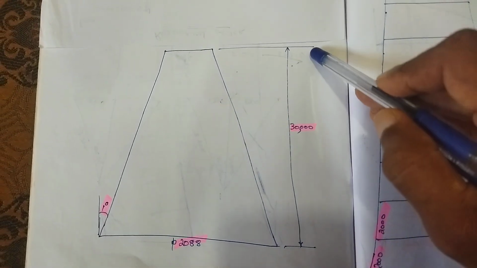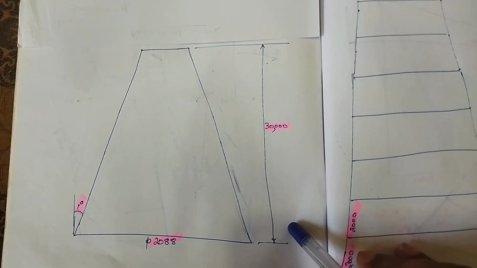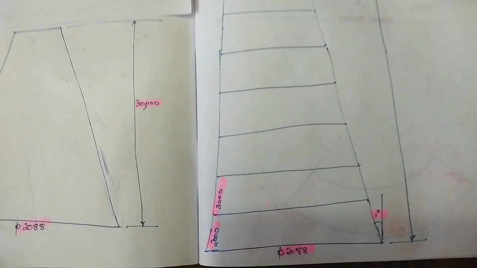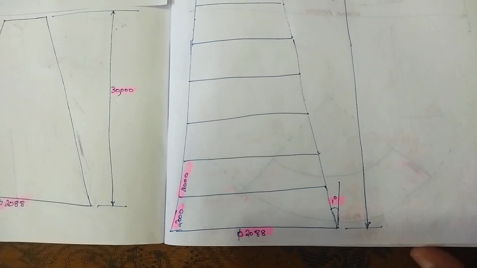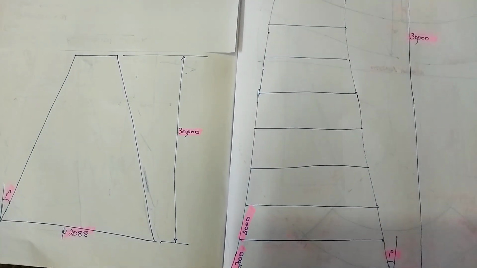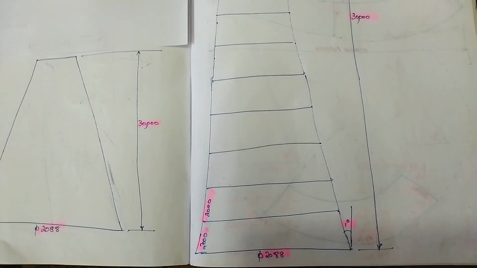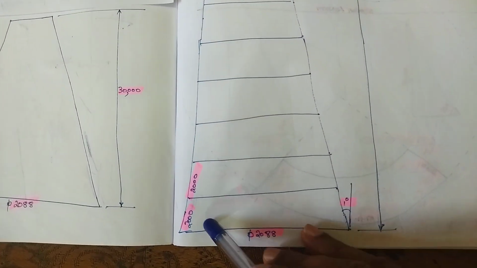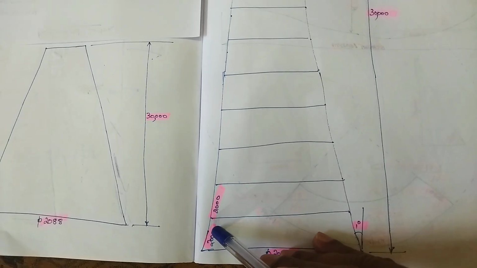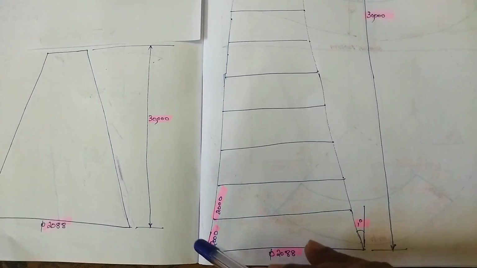Its vertical height is too much, so it can't be made from a single plate. In shops, we won't get plates that long and wide. So we will have to divide it into 2000 or 1500 or 2500 or 3000.